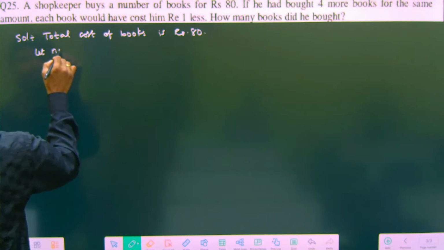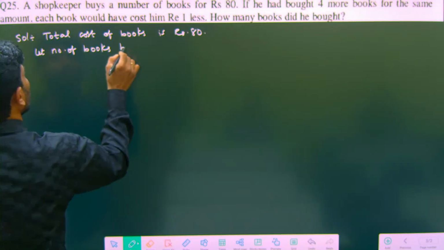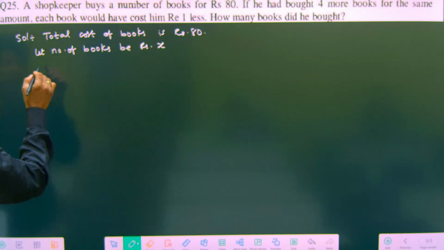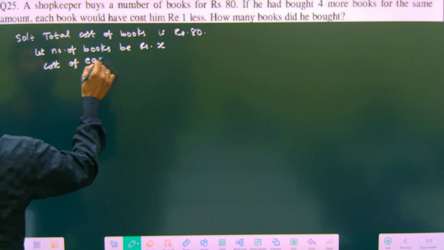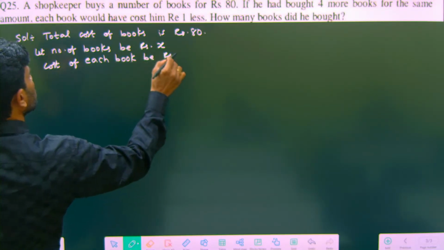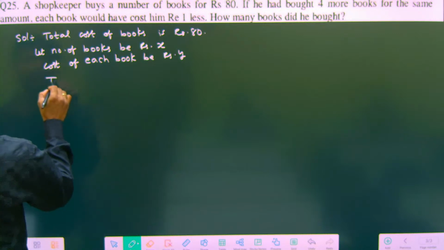Let the number of books be x and the cost of each book be rupees y.